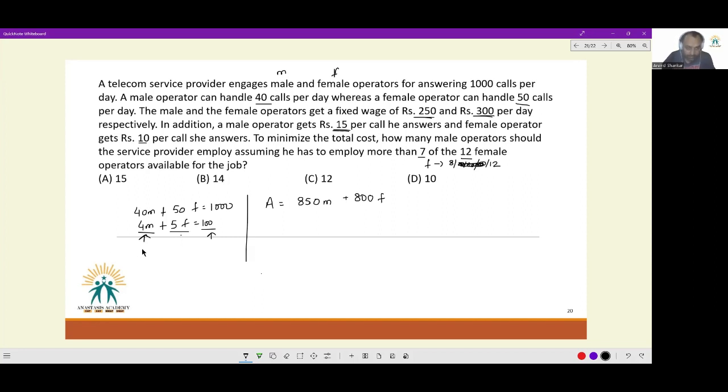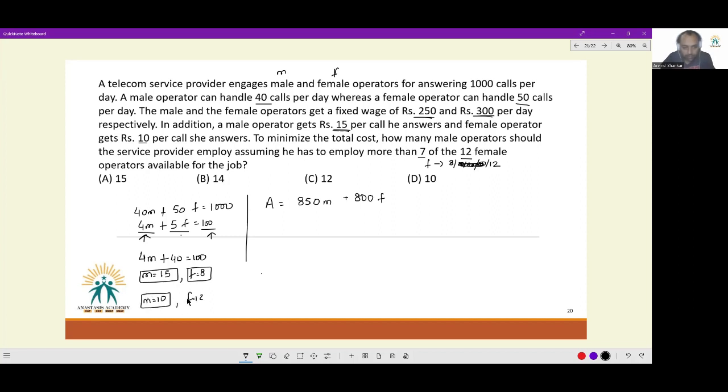If I put F as 8, 4M plus 40 is equal to 100. So M will be equal to 15. M 15, F equal to 8. This is one acceptable case. Another acceptable case would be M is 10 and F is 12.